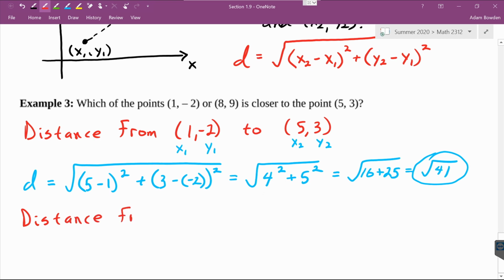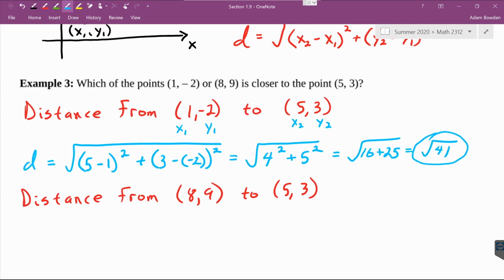So we're going to take the distance from (8, 9) to (5, 3). Now, if you'd like to do a practice run of this formula, you may want to pause the video here for just a second, plug the numbers in like I did up above, and see what you find for the distance.